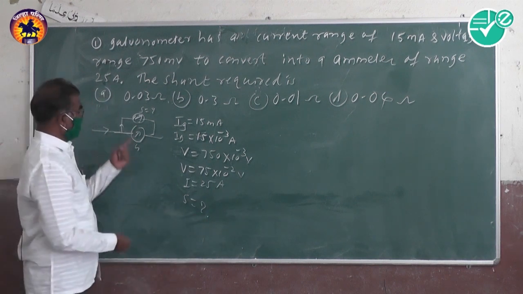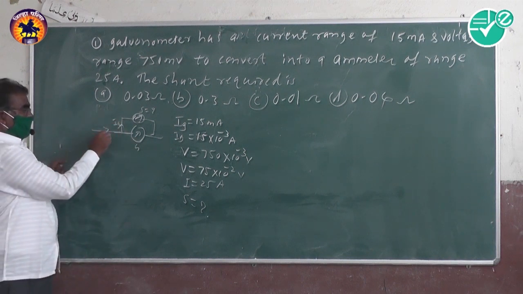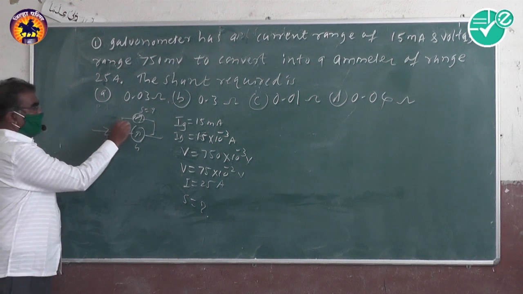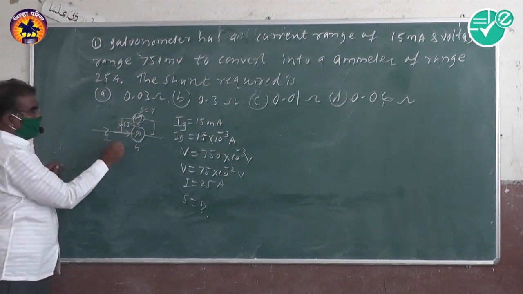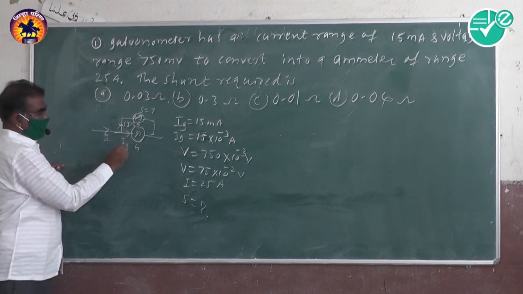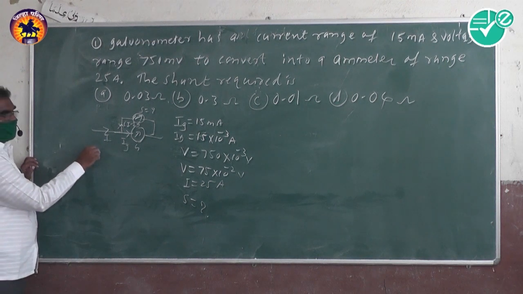The formula is: out of the current I, I minus Ig is the current passing through the low resistance and Ig is the current passing through the galvanometer.